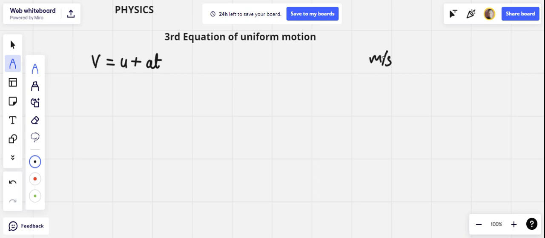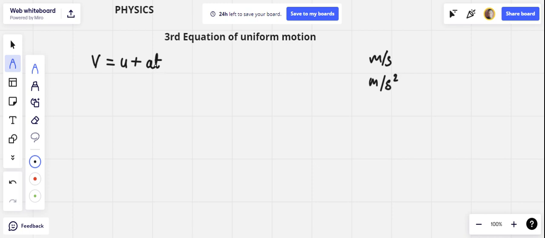The unit for u is also meter per second. A, which is acceleration, has the unit meter per second square. So if you are given acceleration in any other unit, like kilometer per hour square, you have to convert it to meter per second square.